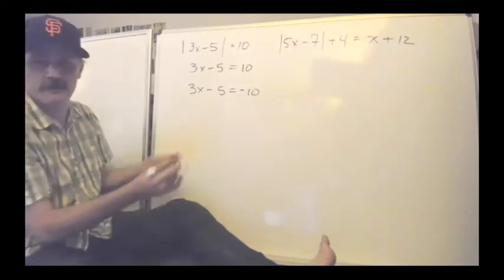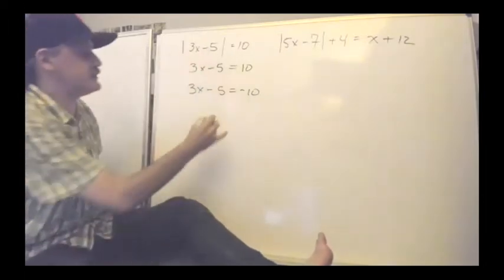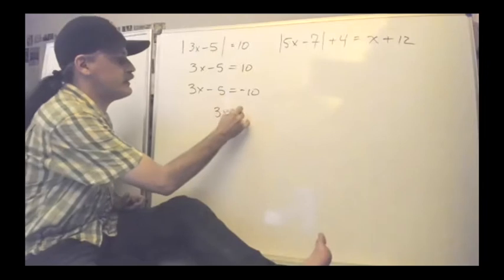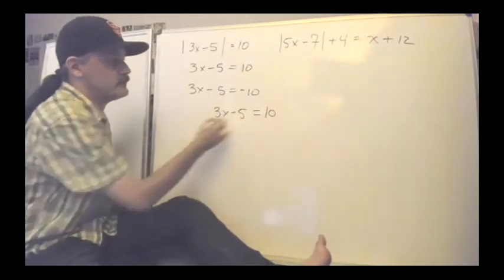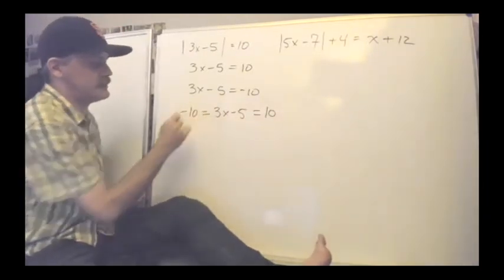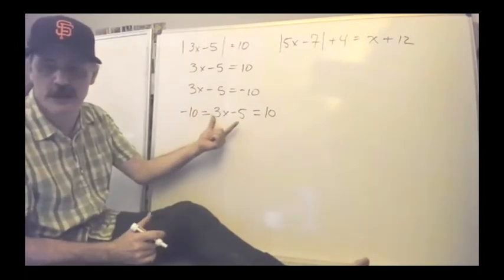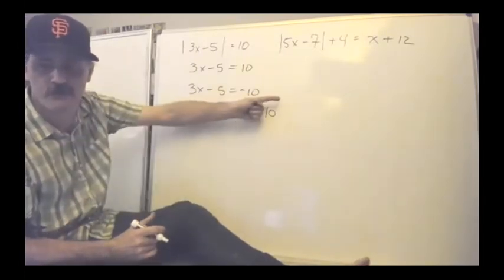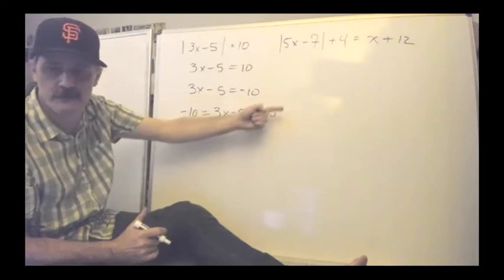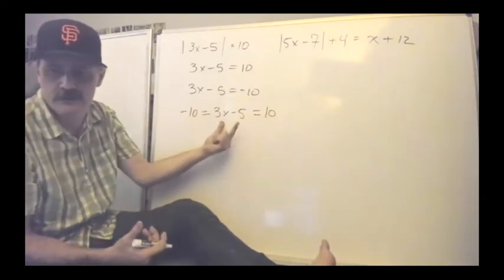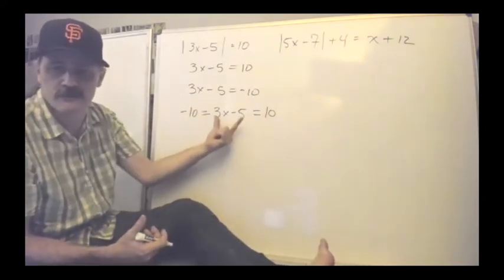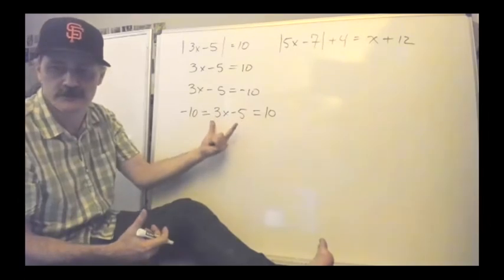Now the way I do it is I put the expression 3x minus 5 in the middle, and I put the 10 on the right side and negative 10 on the other. Now this is just my method, but if you prefer the two separate equations, by all means, I'm just showing you what I do. So if you use this method, you want to get the variable in the middle by itself.